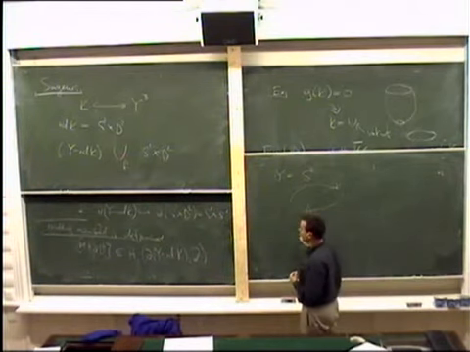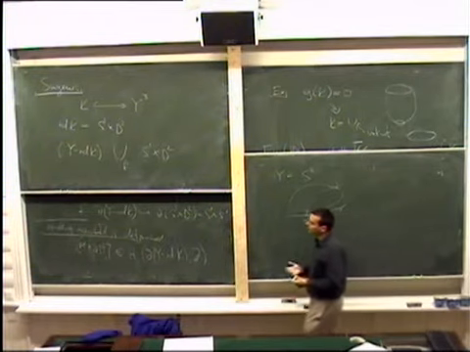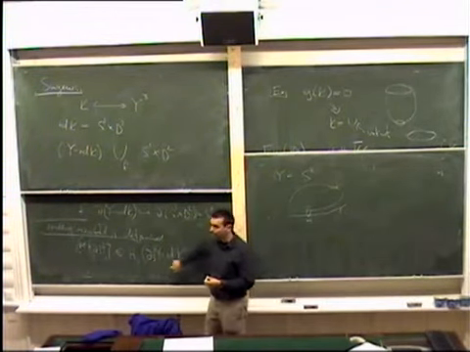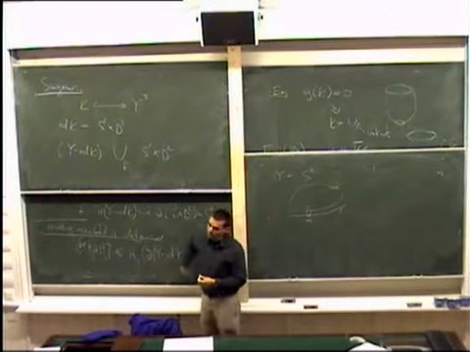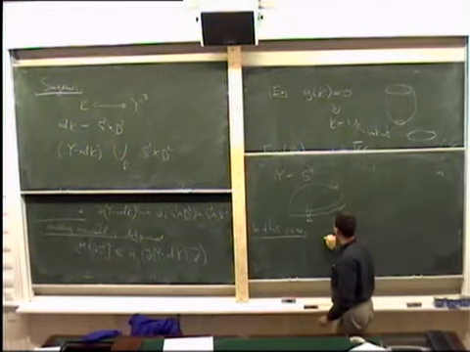The longitude would be a circle in the boundary of K that has linking number 1 with the original knot. So using these two generators, instead of fixing a homology class, you can talk about numbers. The surgery can be specified by the image of the boundary of the point cross boundary of D2.